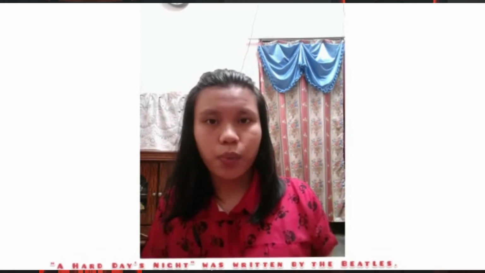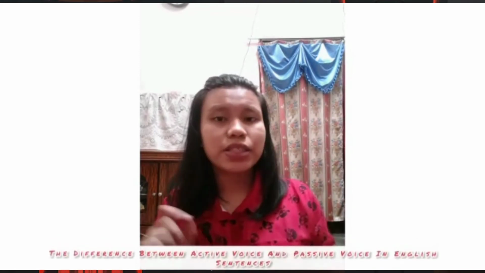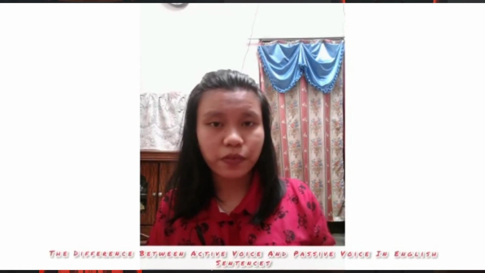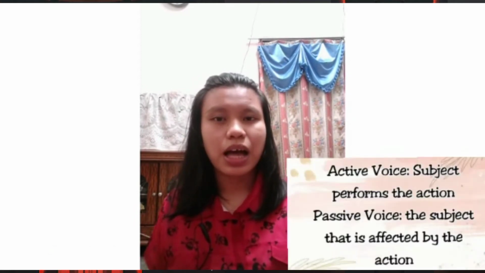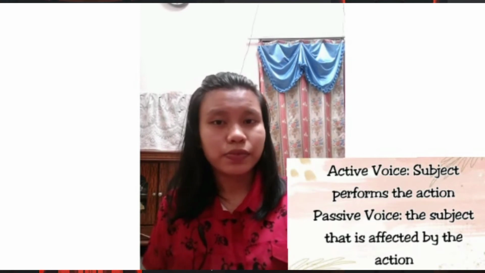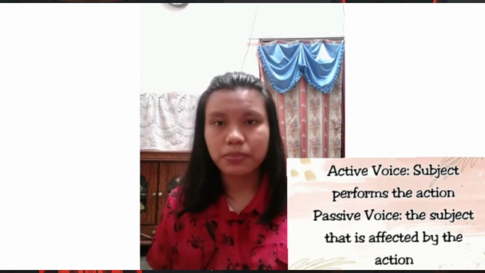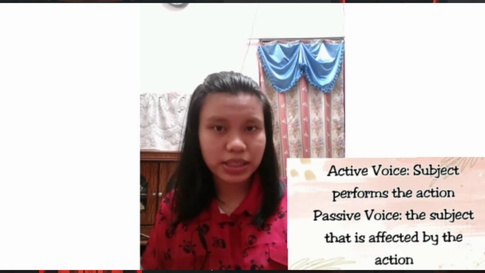For example, A Hard Day's Night was written by the Beatles. The difference between active voice and passive voice in English sentences: in active voice the subject performs the action, but in passive voice, the subject is affected by the action.